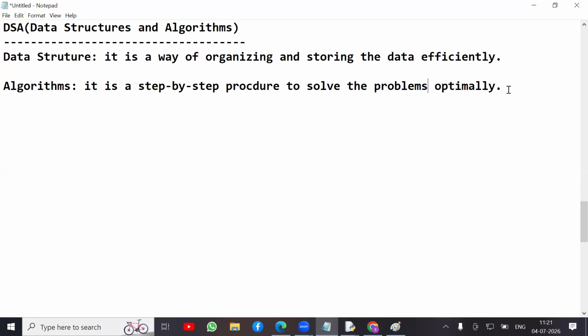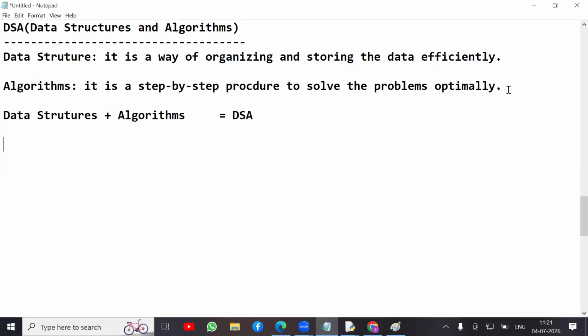Okay, now data structures plus algorithms is equal to DSA.